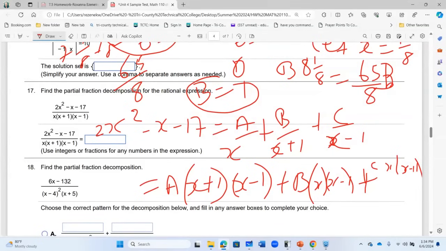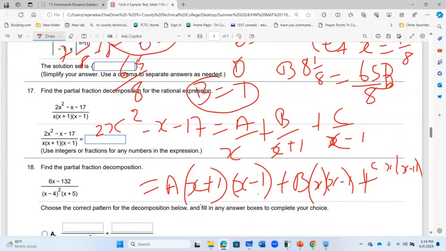All right, so then the next step is to find what will make this one 0. If I substitute x equal to 1 here, this is going to be 0. And if this is 0, this is going to be 0. So when x is equal to 1, B will be 0.